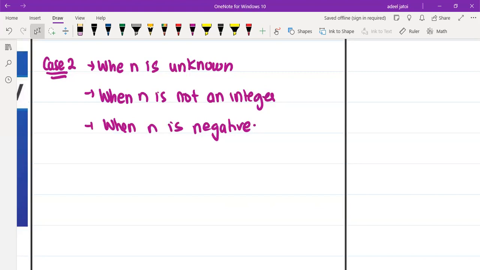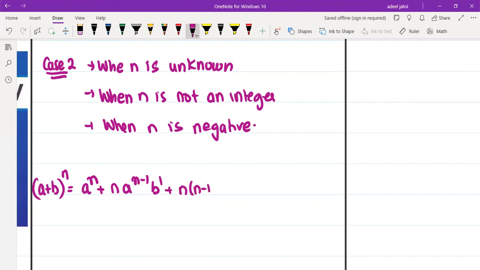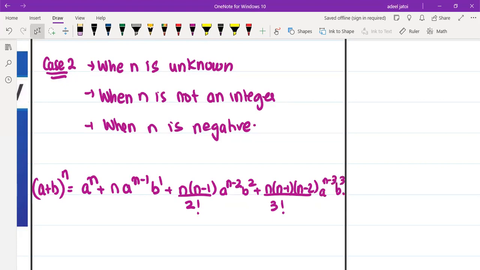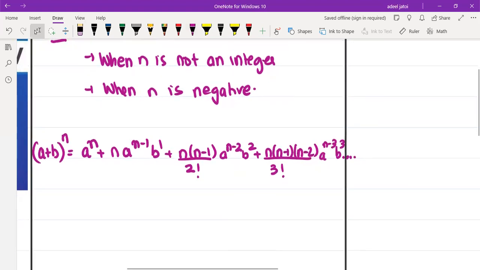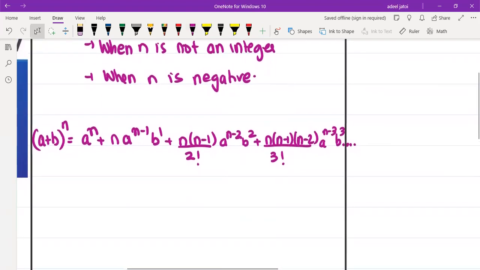So we generally use this as (a + b)^n = a^n + n a^(n-1) b^1 + n(n-1)/2! a^(n-2) b^2 + n(n-1)(n-2)/3! a^(n-3) b^3, and this thing continues till the required power n.